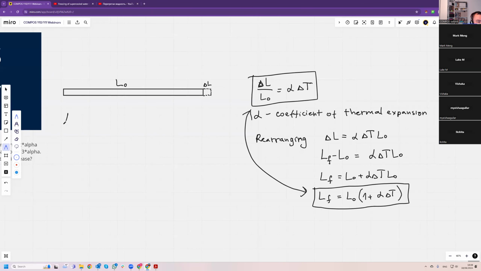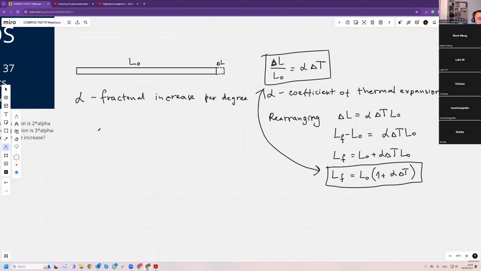So alpha is the fractional increase per degree. In simple words, say L is the length of a rod.